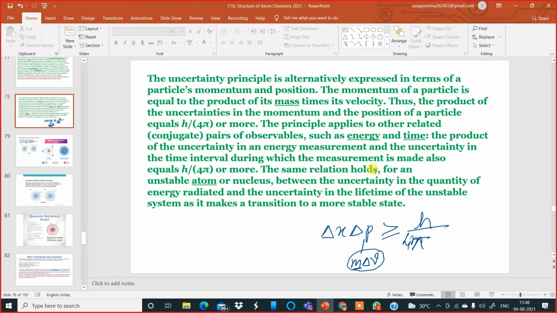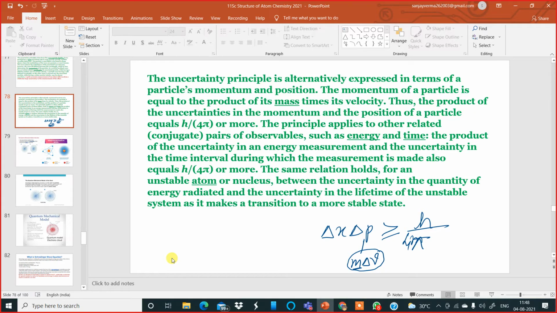The same relation holds for an unstable atom or nucleus, between the uncertainty in the energy radiated and the uncertainty in the lifetime of the unstable system as it makes a transition to a more stable state. That means every particle, whether it is moving or not, will always try to acquire a stable state, a convenient cloud around the nucleus where it is more stable.